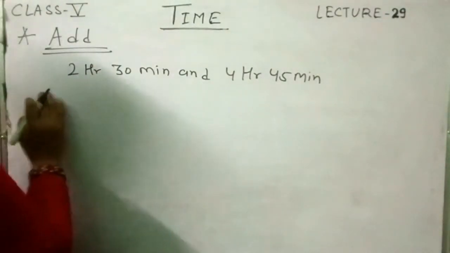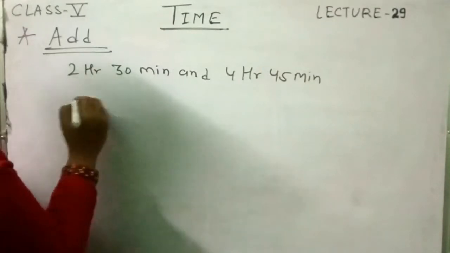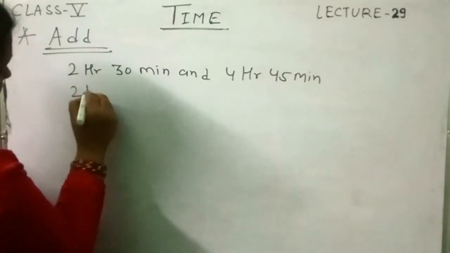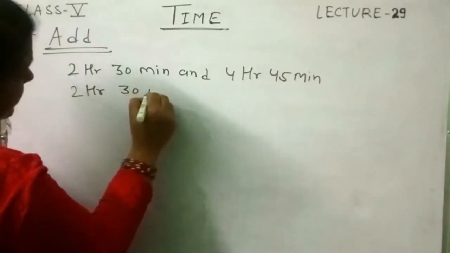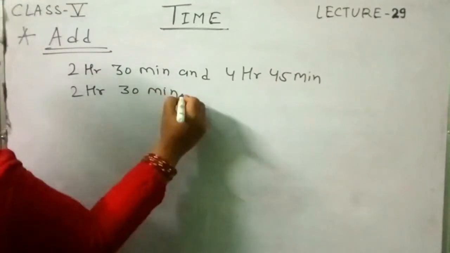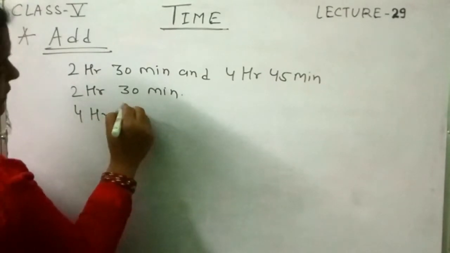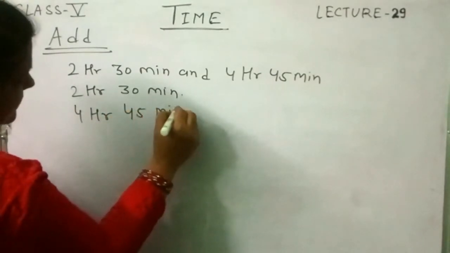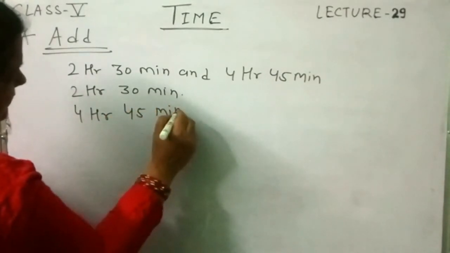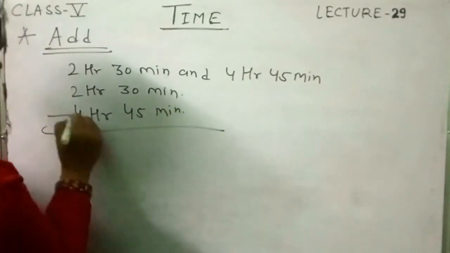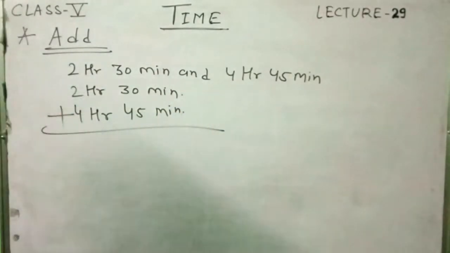Students, first we arrange this number in addition form. Here 2 hour 30 minutes and 4 hour 45 minutes. Give the plus symbol.